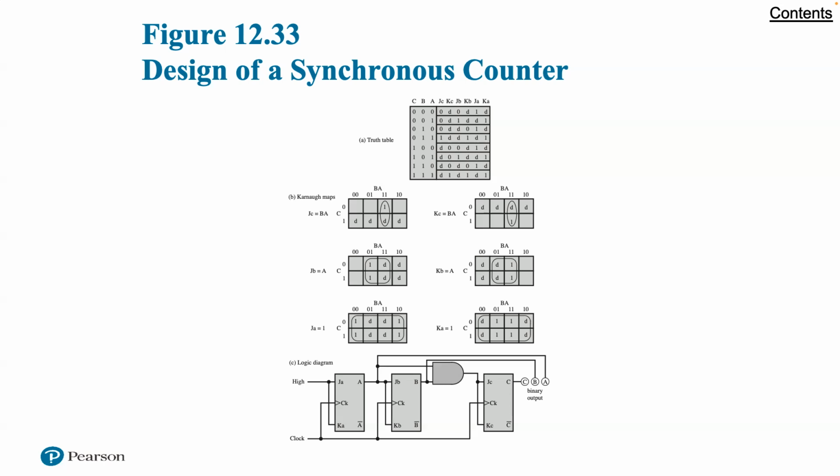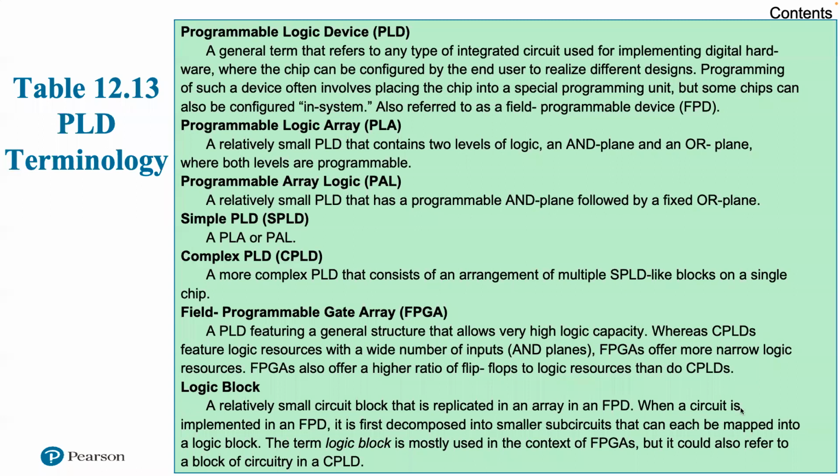For example, the Karnaugh map for the variable JA, the J input to the flip-flop that produces the A output, yields the expression JA equals BC. When all 6 expressions are derived, it is a straightforward matter to determine the actual circuit, as is shown in part C of the figure. So keep that in mind, and we'll continue on.